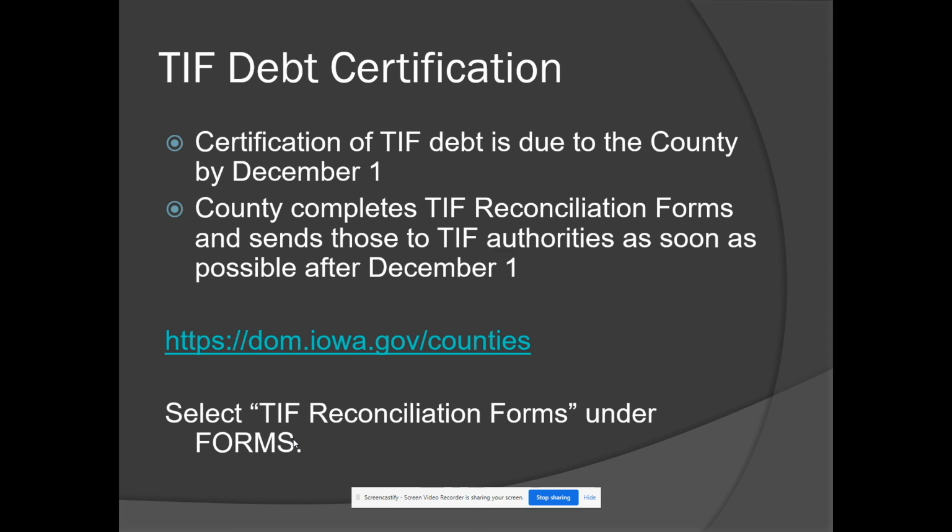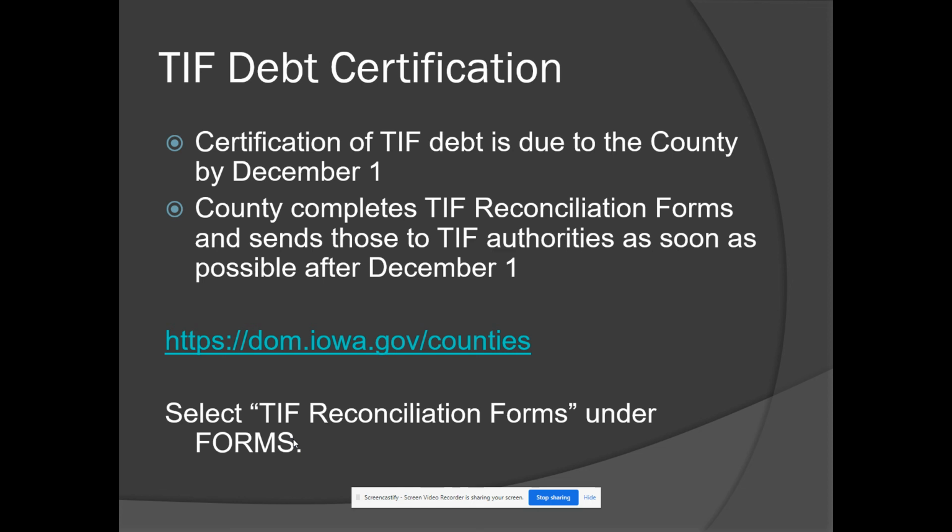This is a method of communication between the TIF authority and the county auditor to make sure that in the coming year in particular, you are creating the necessary value to generate the TIF revenue that is needed by the TIF authority to service their outstanding TIF debt.